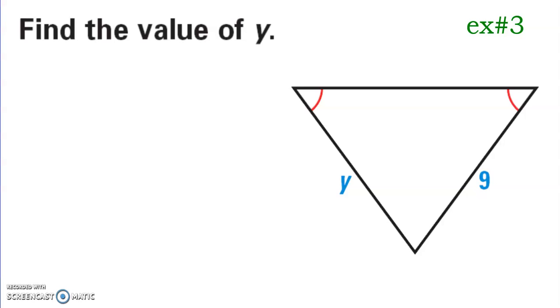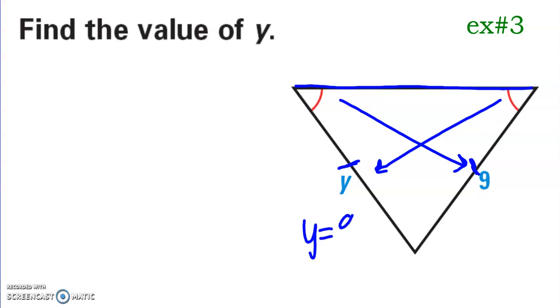Here we're going to use the converse because we have two angles that are congruent. So there's my base, which means that the two sides opposite of those angles are congruent. So if this side here is 9, then we know that y is also 9. And those would be the legs of my triangle.